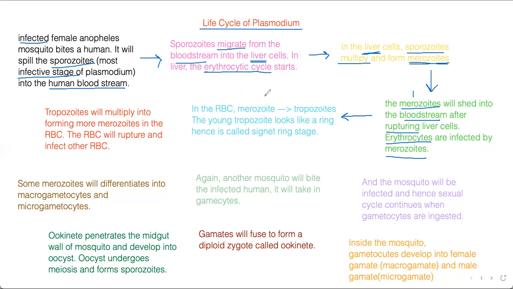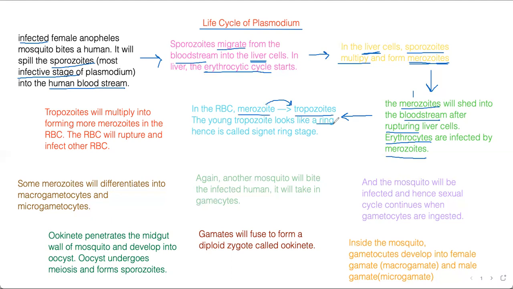Okay, actually, when it's in the liver cell it is in the exoerythrocytic stage, but after it infects the RBC, the merozoites will develop into trophozoites. And the trophozoite looks like a ring, in which the nucleus and cytoplasm are visible.